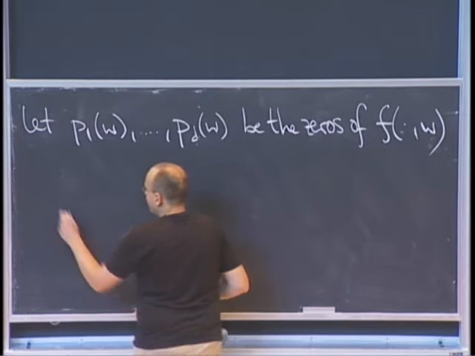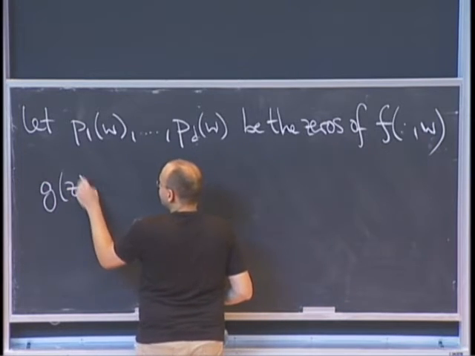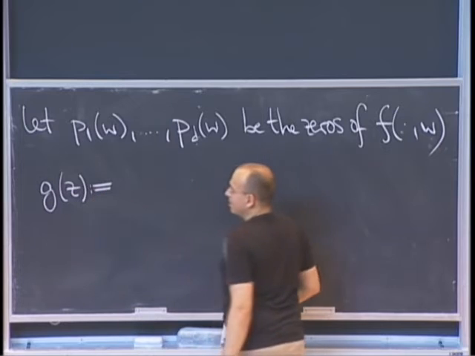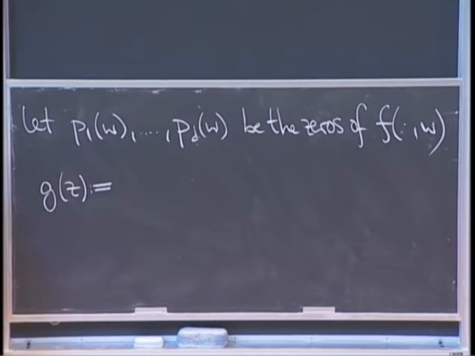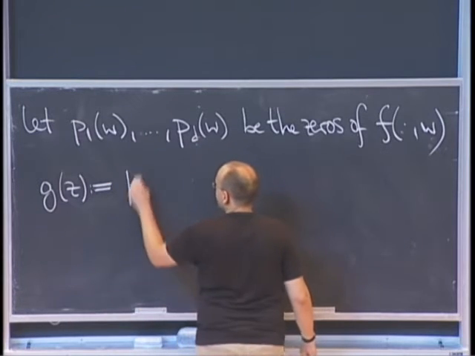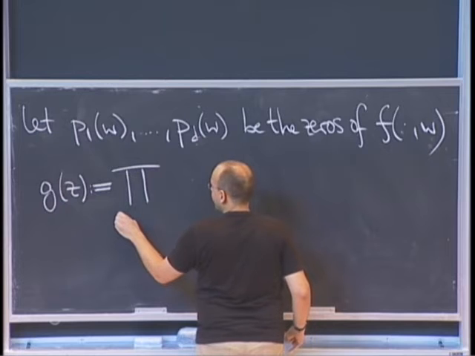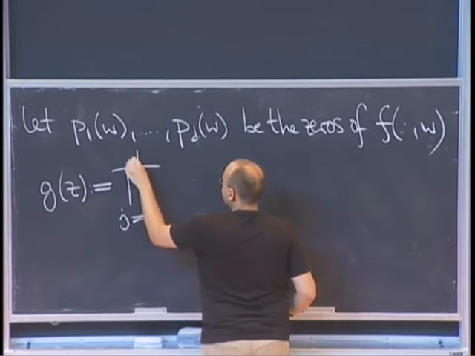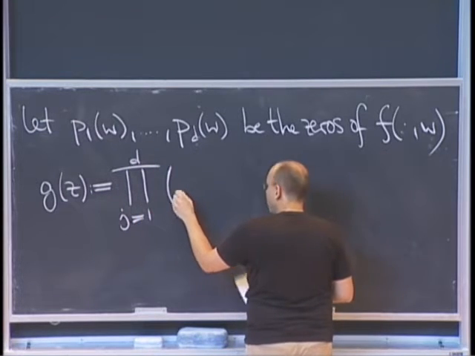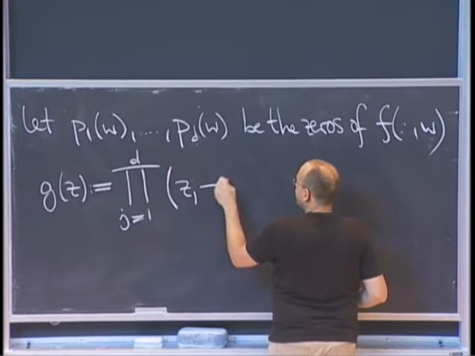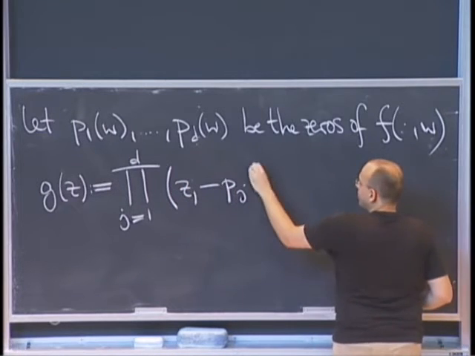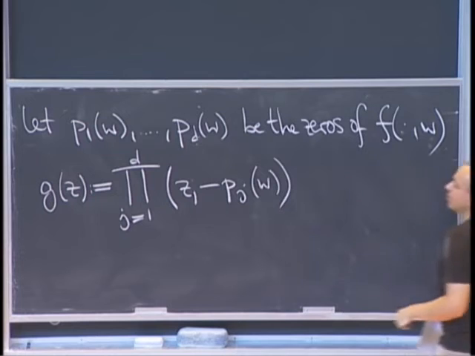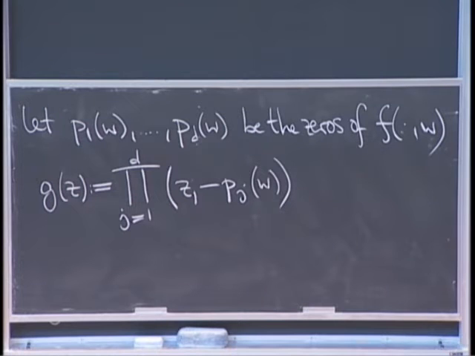So now what you want to do is define your Weierstrass polynomial g of z. What's that going to be? It's a polynomial on each slice. That's what it is. So g of z is just the product over j equals 1 to d of (z1 minus pj(w)).